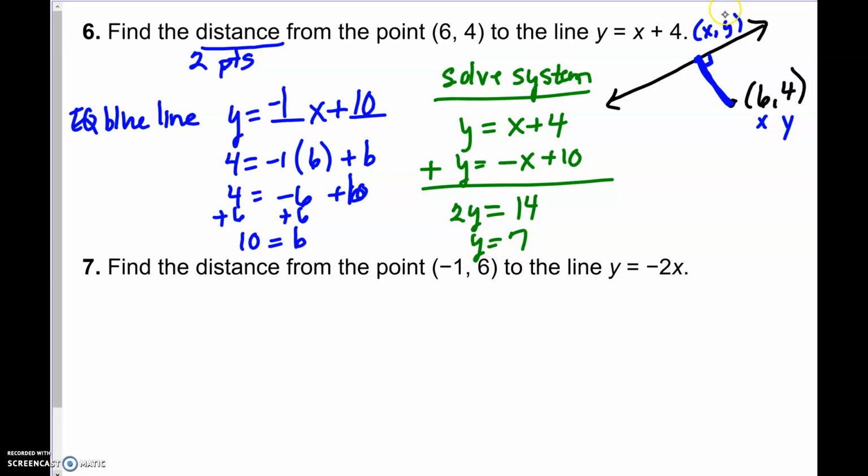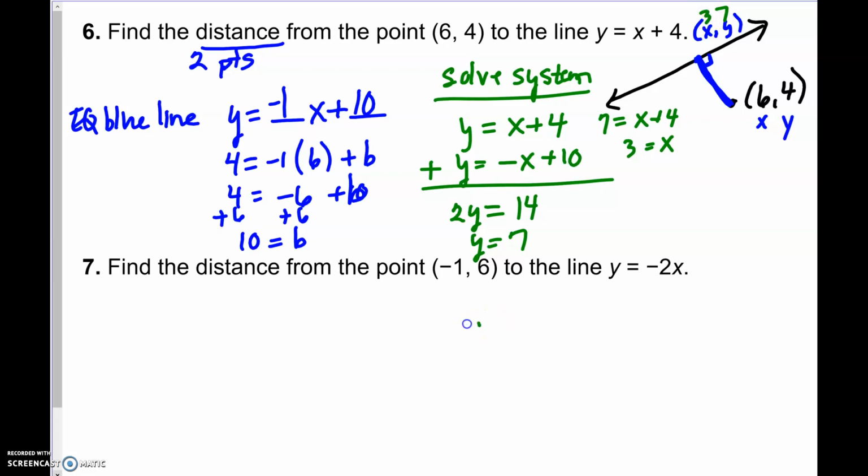So I know up here that this y value is 7. I need to find out x, so I'm going to plug it into this first equation right here. So 7 equals x plus 4. It looks like my x value is going to be 3. So this point right here is 3, 7.